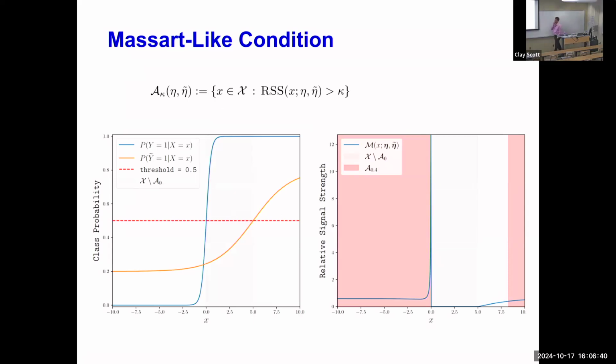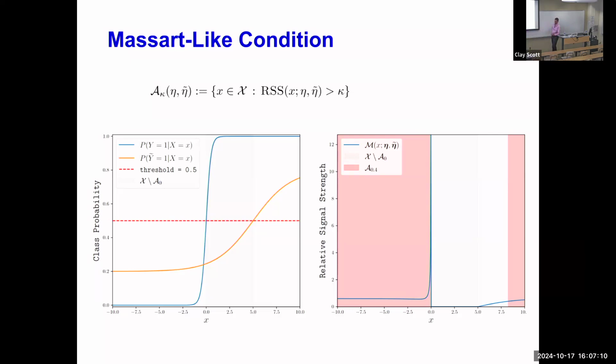Let's try to visualize this. Here, the red curve is the noisy posterior, and the blue curve is the clean posterior. Here's just a hypothetical situation.